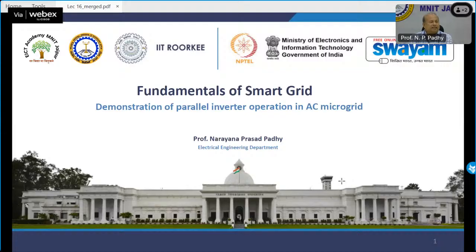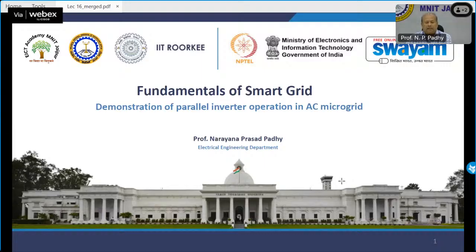Hence, the analysis and study of parallel inverters in any microgrid is of serious concern today. This is a very important concept.